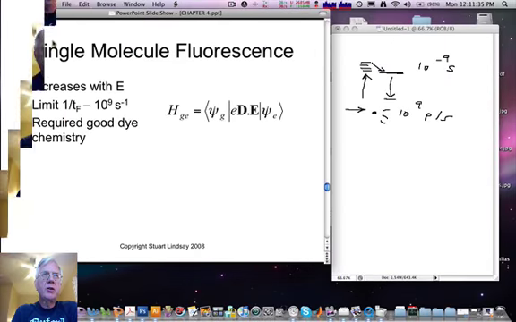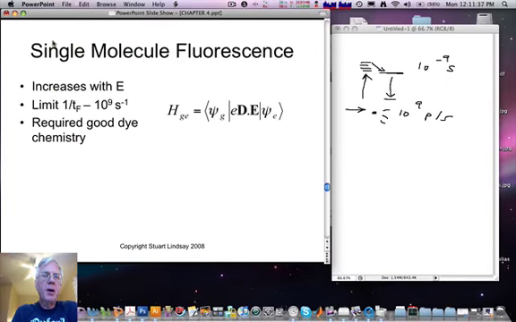This ability to detect single molecules, it is worth remembering that our statements about fluorescence behavior on average are quite different when we look at single molecules.